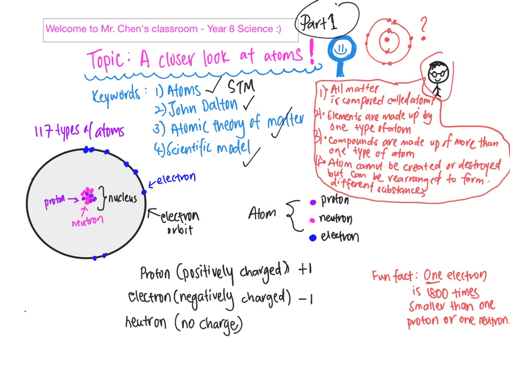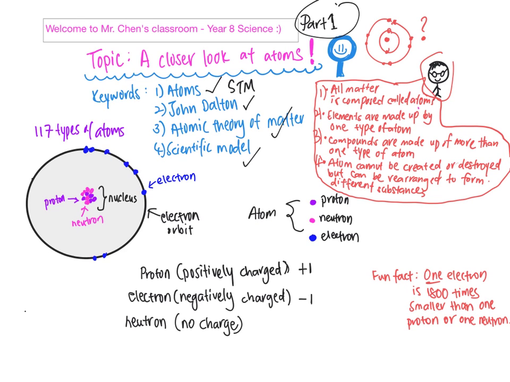So number 1, he predicted all matter is composed of atoms. Number 2, he predicted that elements are made out of one type of atom, as we know from previous videos. And obviously, compounds are made up of more than one type of atom.